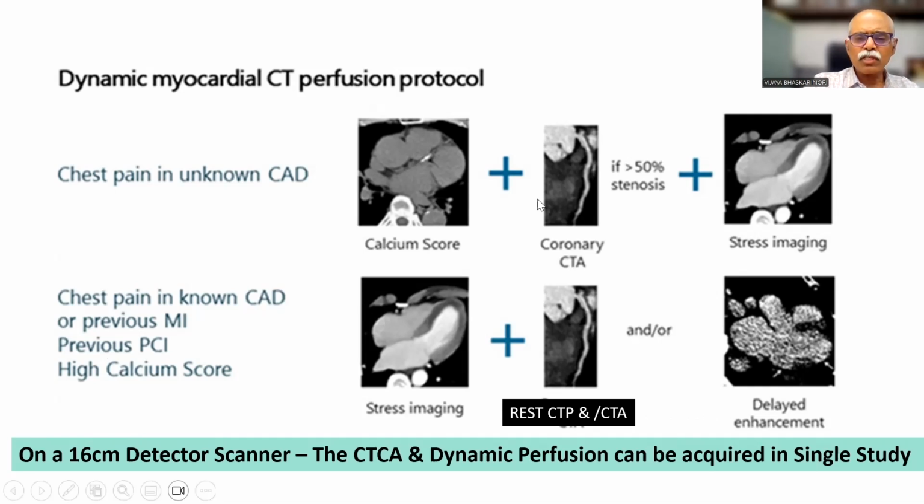So you can do both stress and rest perfusion, or the rest can be done only as a CTA and no need to do rest perfusion. You can reduce the radiation dose, and then you can do a delayed iodine enhancement study, so that you have a complete picture in front of you regarding ischemia or infarct.